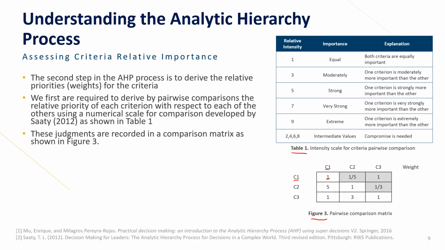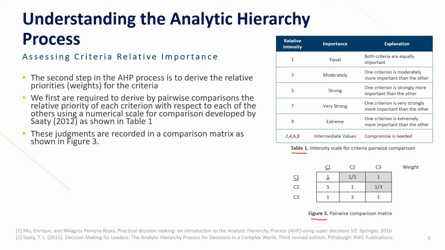However, for different criteria, let's say criteria 1 and criteria 2, you need to judge which one is more important than the other. Let's say in this case, criteria 2 is more important for some decision maker.